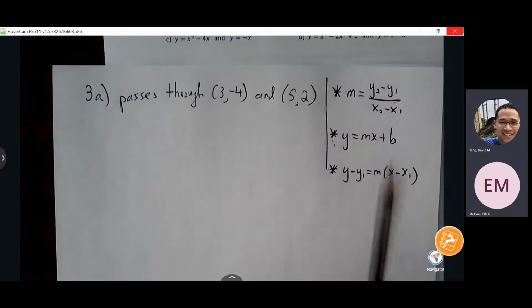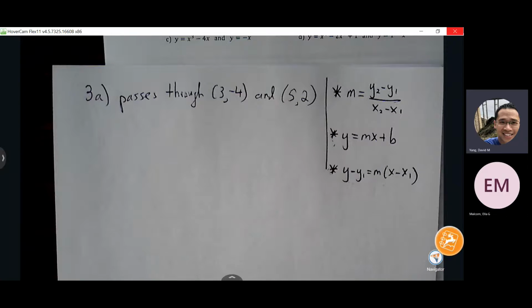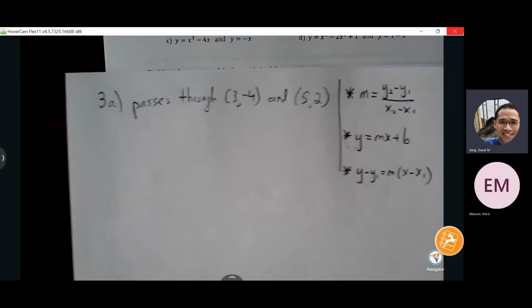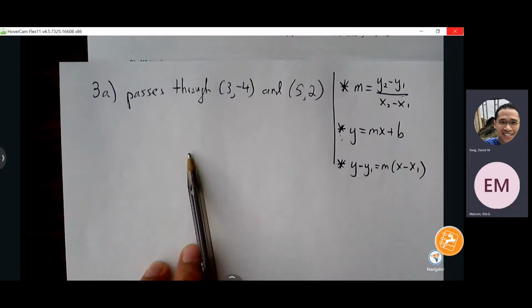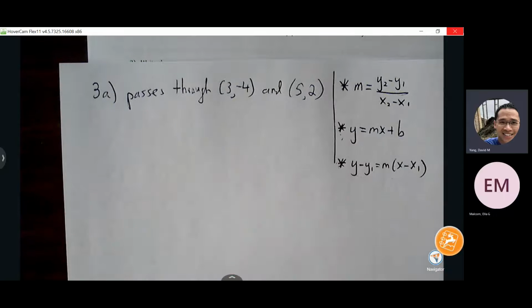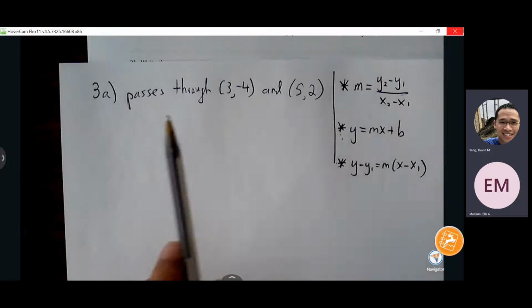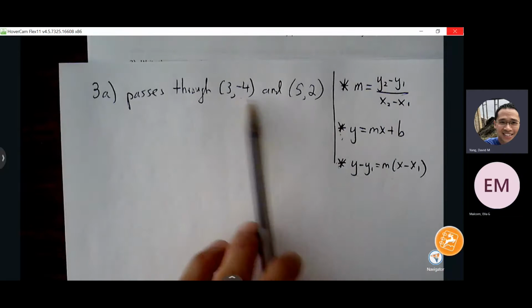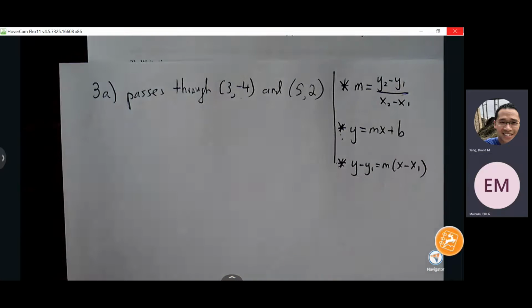But ultimately, they produce the same line. Just sometimes one form is easier to get to than the other. So anytime we want to write an equation of a line, we always stress, find the slope, pick a point, and then you can dump it into the formula. So our first focus is let's try to get the slope between these 2 points.